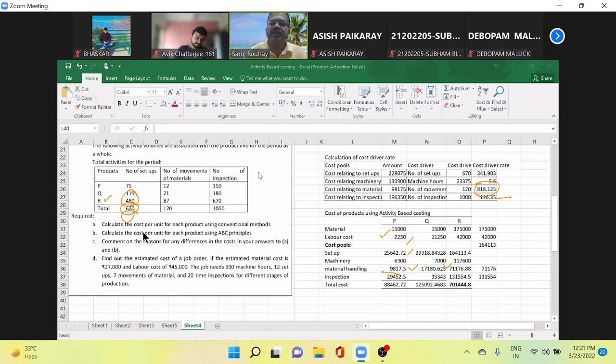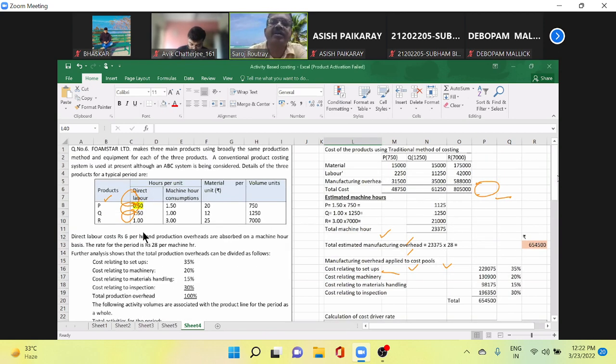So let me tell you the cost difference we are getting. If you see the traditional method of costing, 48,750.